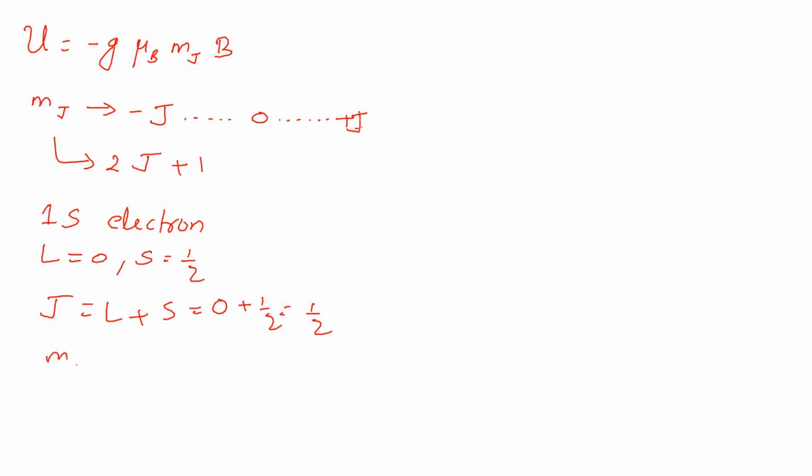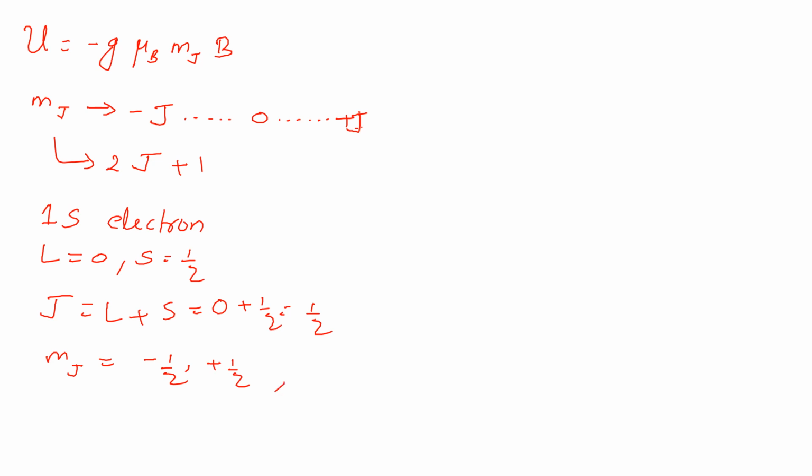What will be the Mj values? The Mj values will be from minus J to plus J, so minus half and plus half. So the two values of Mj are minus half and plus half.